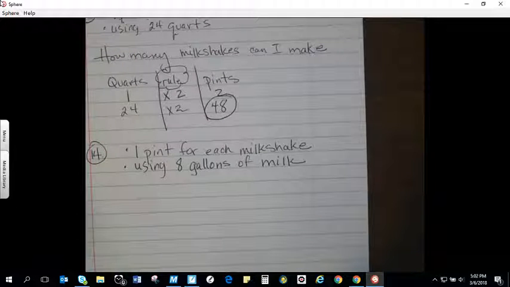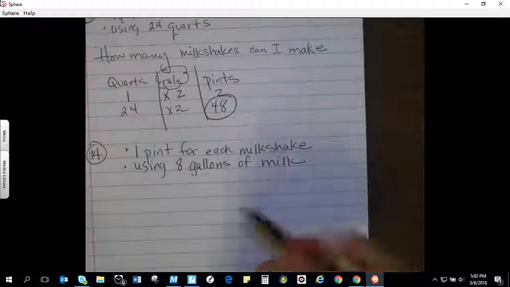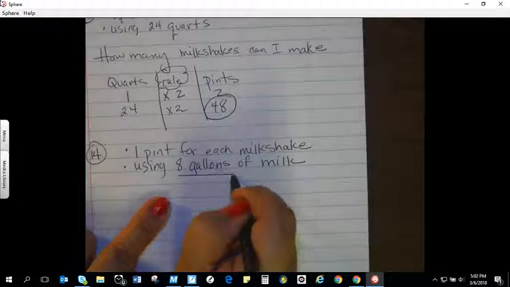Wow, that's a lot. So I think of a restaurant, I think of Jack in the Box, Whataburger, Sonic, all those places that make milkshakes, even Shake Shack or whatever that restaurant's called, that make all these shakes, and they use lots and lots of milk. All right, so I'm starting off with gallons, right?